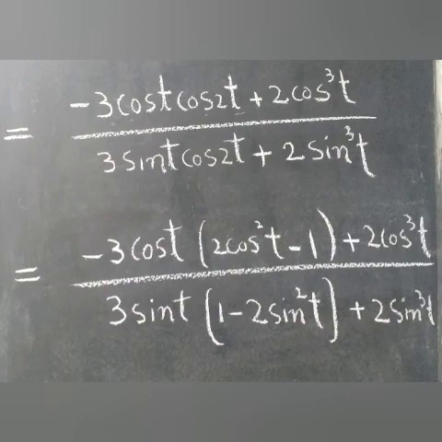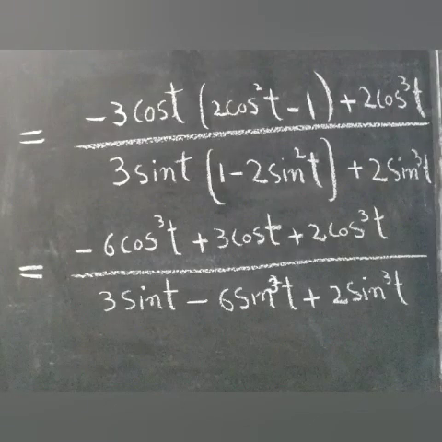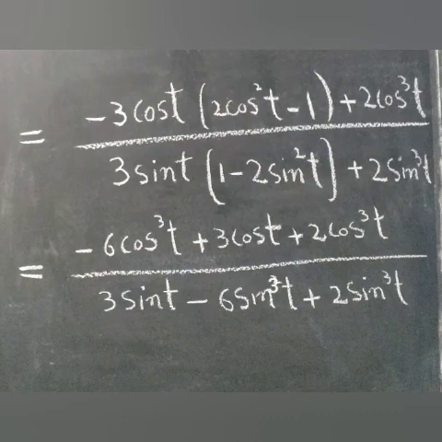That is, cos of 2t is equal to 1 minus twice sine square t. Now on simplifying this, we get minus 6 times cos cube t plus 3 times cos t plus twice cos cube t, divided by 3 times sin t minus 6 times sin square t plus 2 times sin cube t.